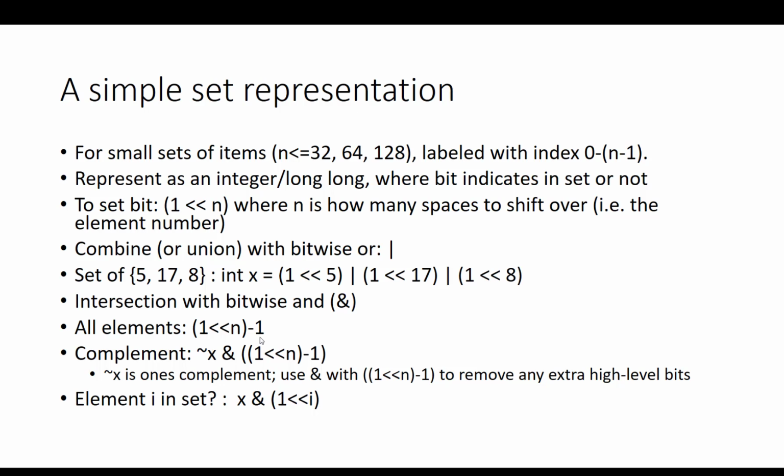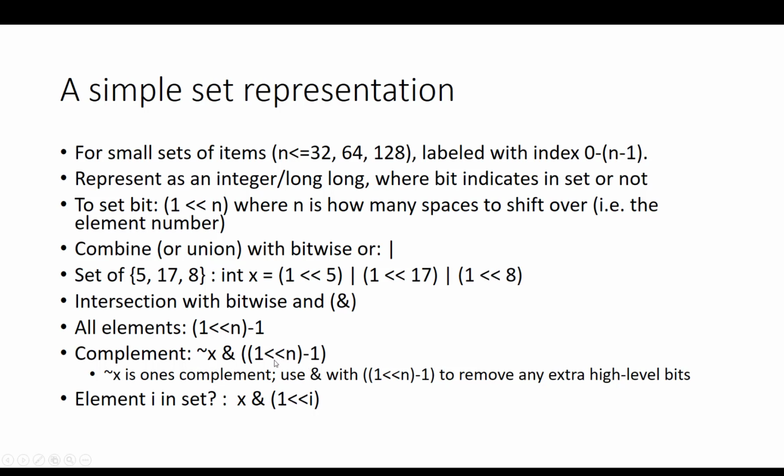By subtracting off 1, you have 1 fewer element than you would have otherwise. You can also do the complement, so that you get everything that's not in the set. If you've got n elements and you want everything but x, the way to do that is you do a bitwise AND with the 1's complement. For the 1's complement, you use the tilde in front of x, and then again you use the all-elements value.